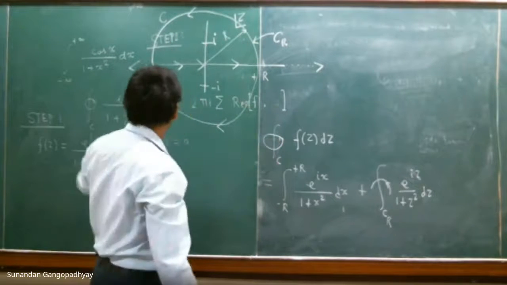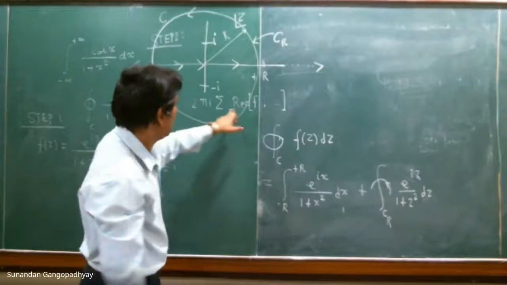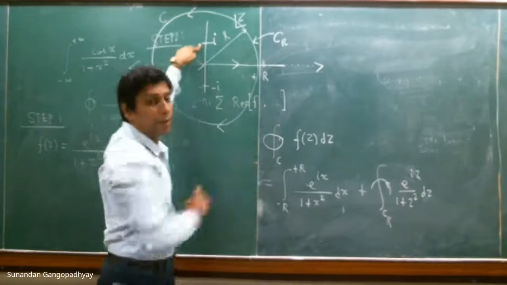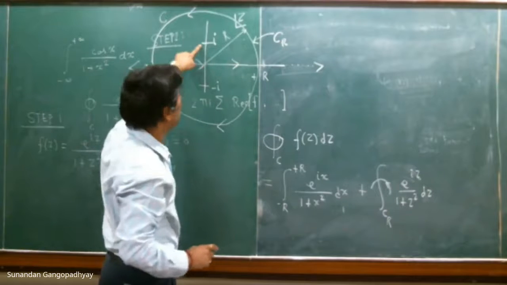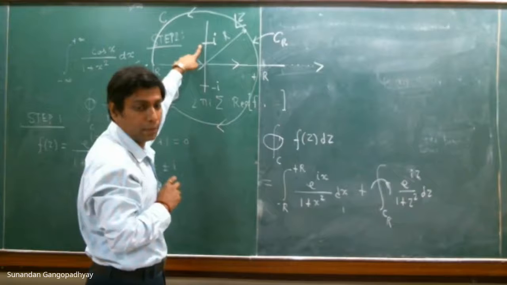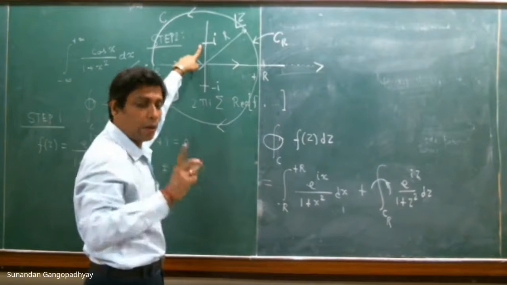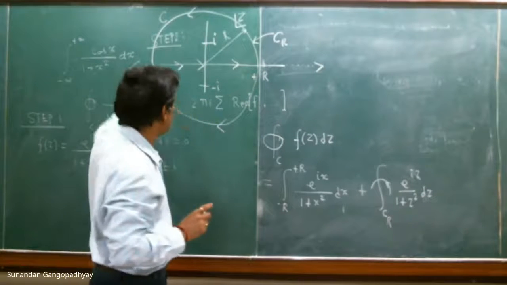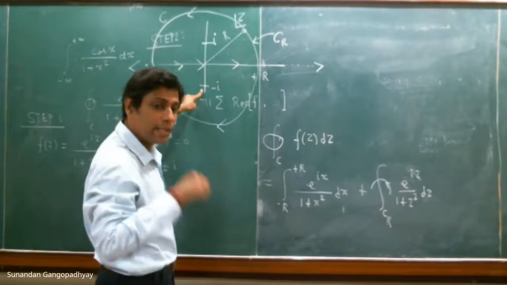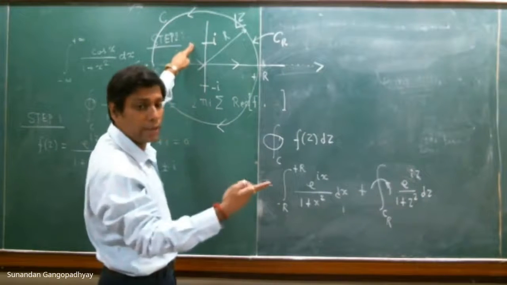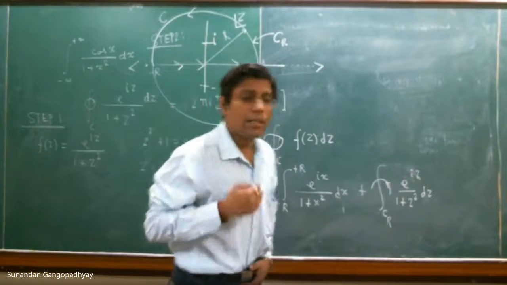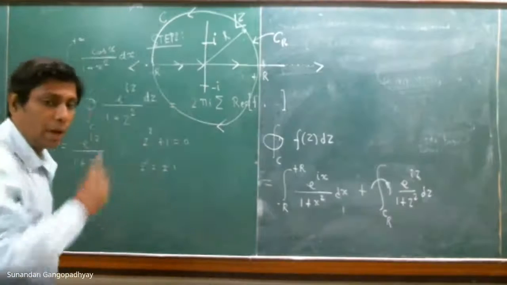Therefore, the contribution to the residue will come only from this pole, because only this pole is inside the closed contour C. But now you can ask me, why not close it in the lower half plane? Then this pole would contribute, because it lies inside the contour and this falls outside the contour, and therefore this will not contribute. So what is the justification of closing it in the upper half plane?